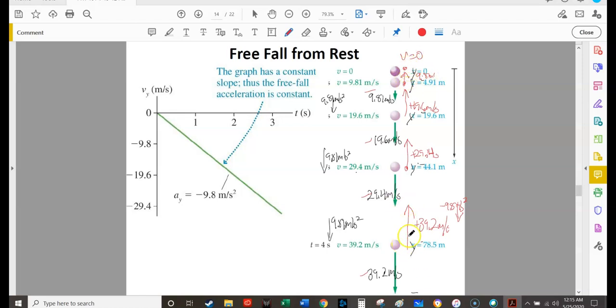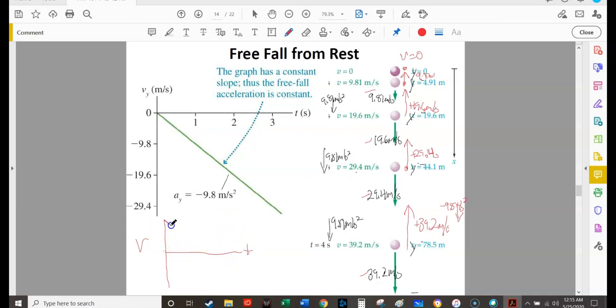So it would do the exact same motion if you'd launched it upwards at the same speed, and it would be at the same points, but just the velocity vectors would now be directed upwards, with the same magnitude. Okay, and that graph would actually look something like this.